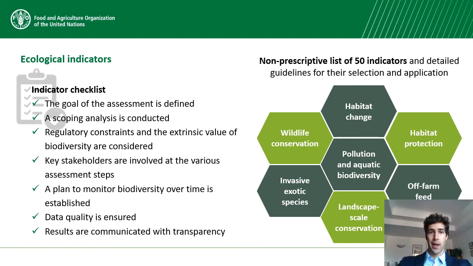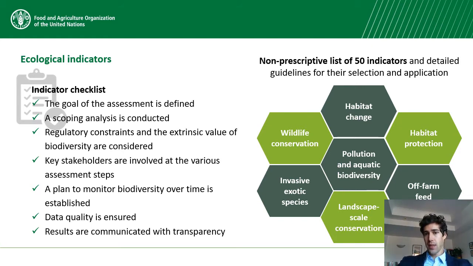So just a few words on those two methodological avenues and how they're dealt with in the LEAP guidelines document. On ecological indicators, the document doesn't give a prescriptive list of indicators, but instead it gives a non-prescriptive list of 50 indicators that can be used and that the user can pick from, along with detailed guidelines for how they might be selected and applied.